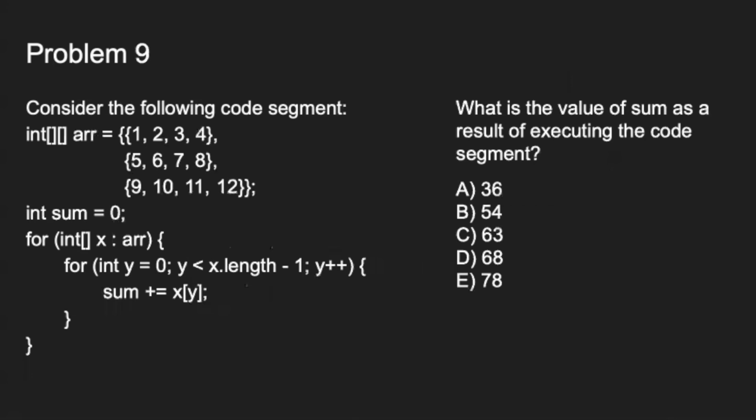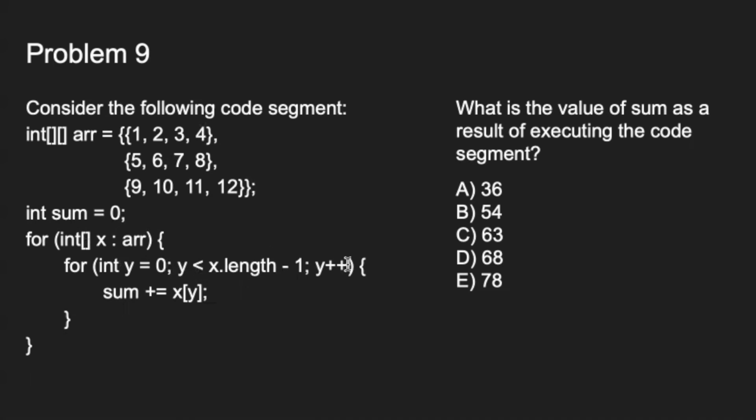Problem number 9. Consider the following code segment: what is the value of sum as a result of executing the code segment? We have a for each loop that goes through every column of this array, so we first have this column, then this column, and then this column. Then for int y equals 0, y is less than x.length minus 1.